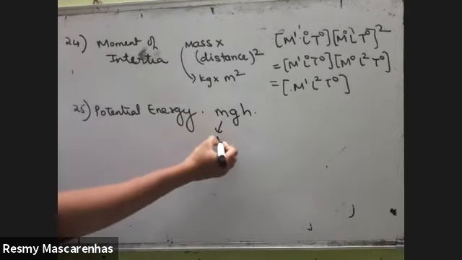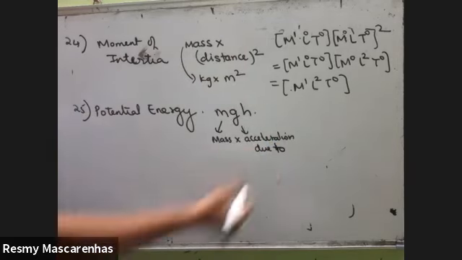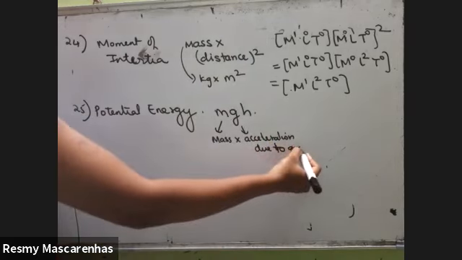This is mass. G means gravity, or you can say acceleration due to gravity. You can write this G on top of the page if there's no space. G means acceleration due to gravity and h means height. Height means obviously it is length or distance.